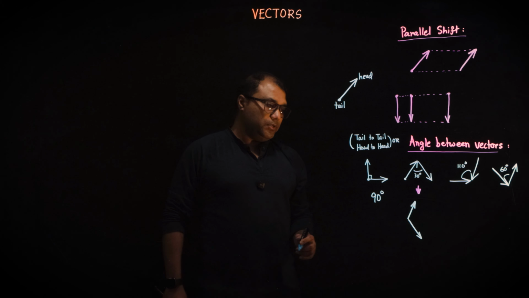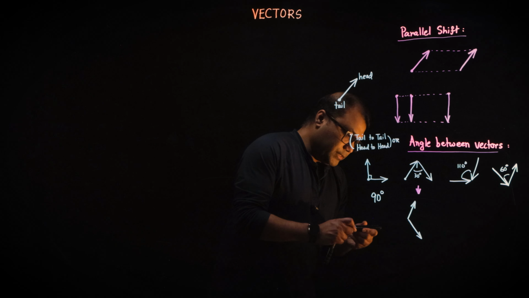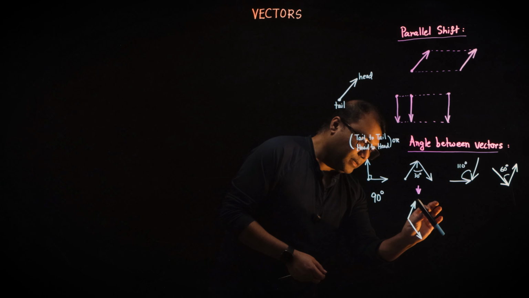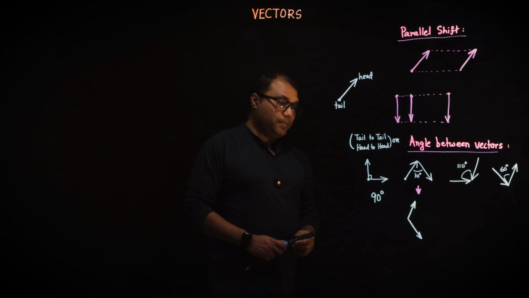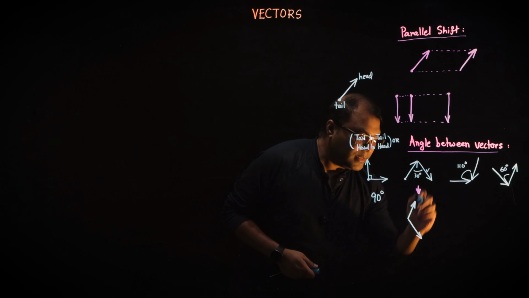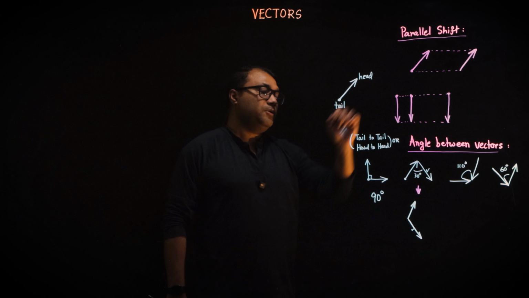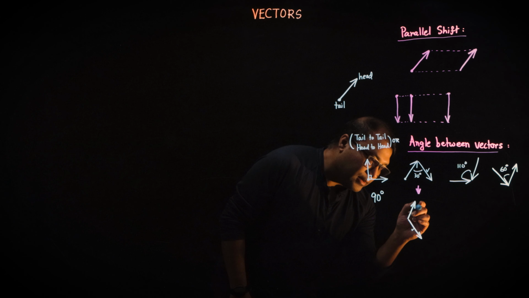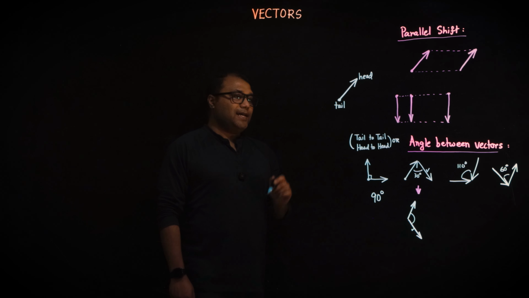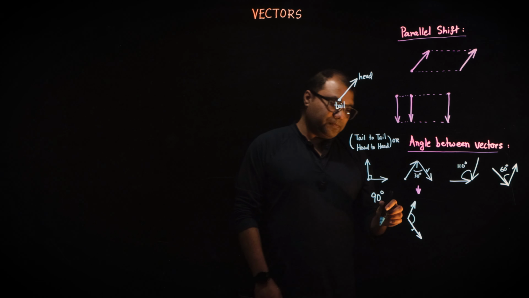Can I do that? Absolutely, we can do that. I did a parallel shift. Now this vector and this vector are the same thing. We talked about that in parallel shift, right? And now what is the angle between these two? That is the angle between these vectors.